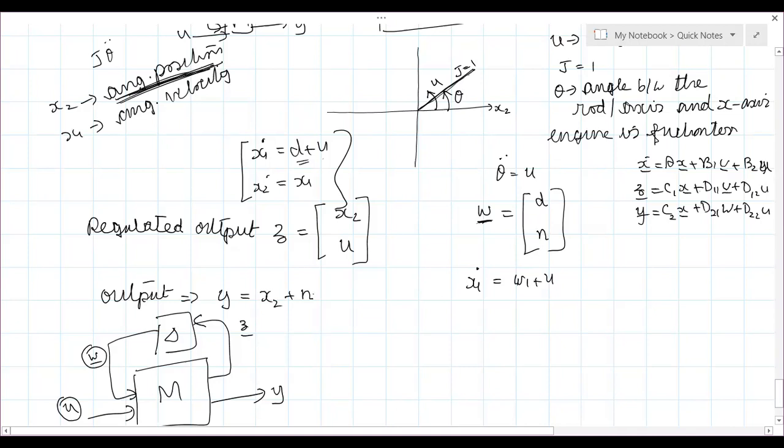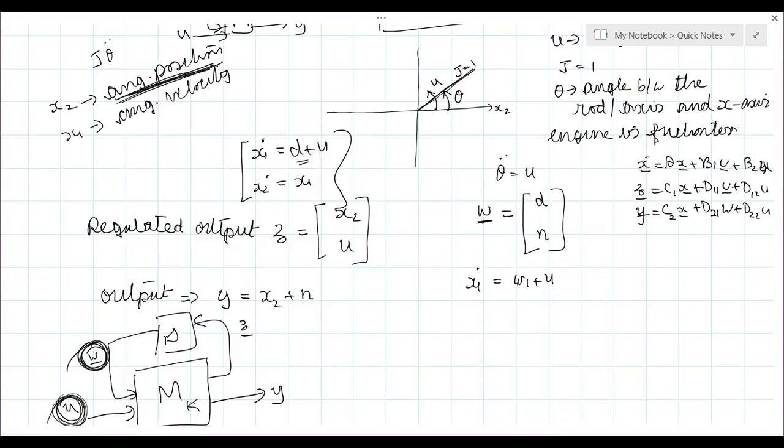W means all signals external to the plant, other than the control signal U. There is a controller also inside, yes, the notation is K. Then the noise might be reduced or increased, but still noise will be present there.